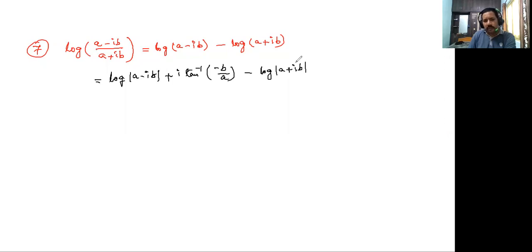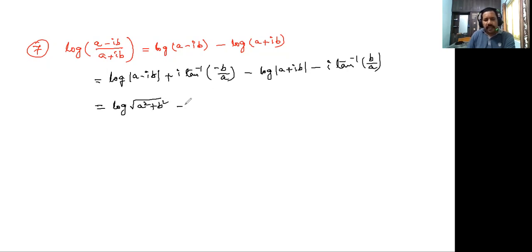Next term positive will come; outside negative is there, negative into positive, negative: i tan inverse of b by a. Now see here, mod (a minus ib), what is the formula? Under root a square plus b square.